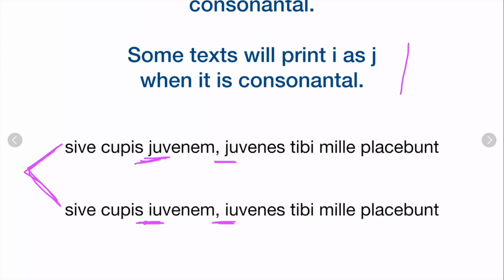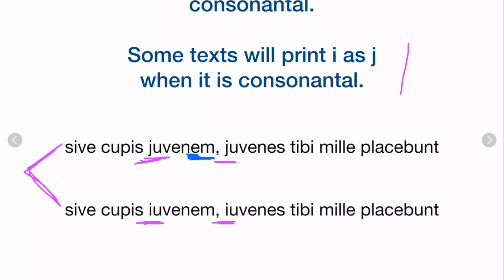Si vecupis UNM UNAs tibi mille placebunt. But whether they are printed as I's or J's, they count as consonants. Okay, so for example, see this in UNM, that E is just third declension masculine accusative singular.